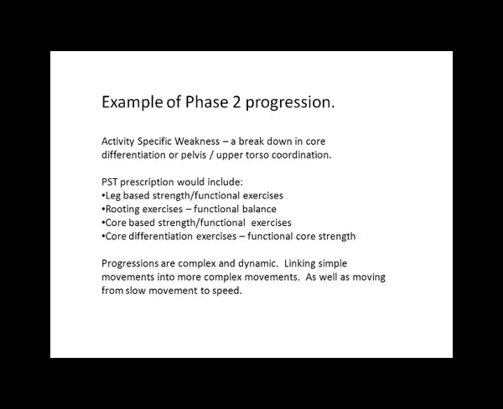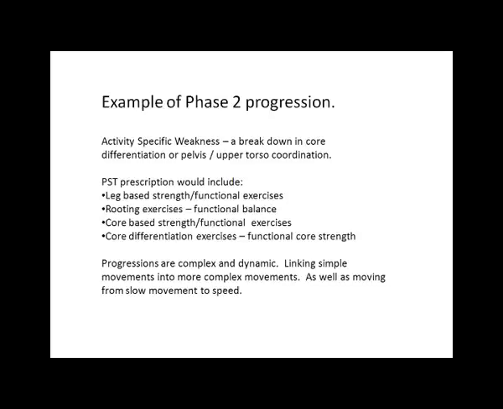So there's many variations of more traditional or functional based exercises that will augment the core development, but then we move right into our activity specific exercises, which may be, say for example in golf, a half swing into an impact bag using a Swiss ball to isolate the core.